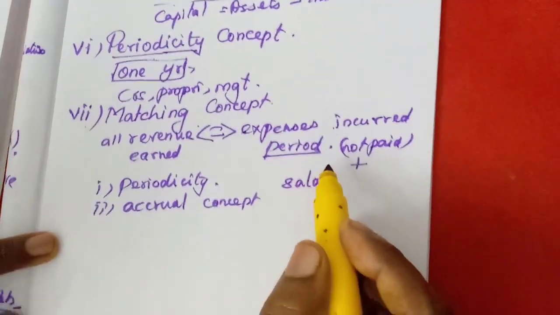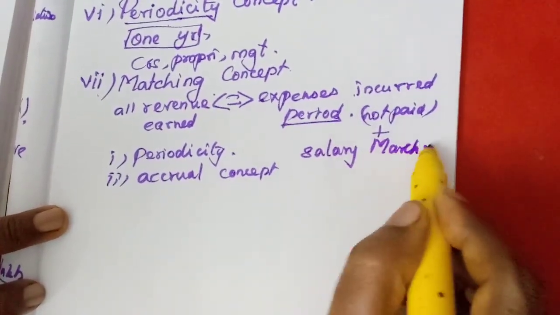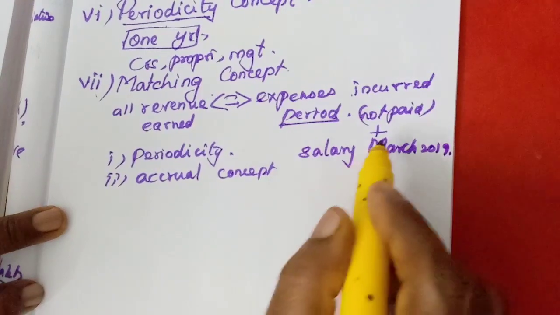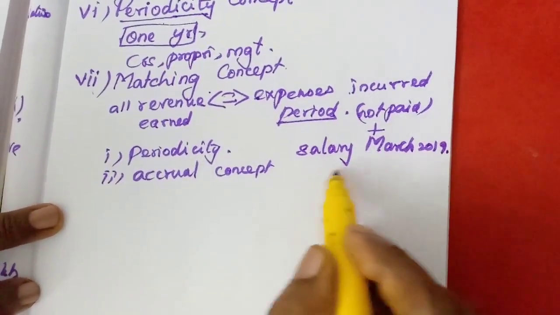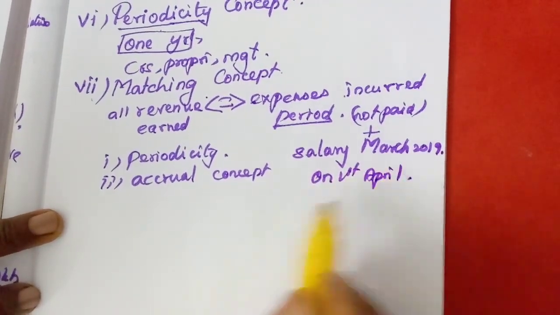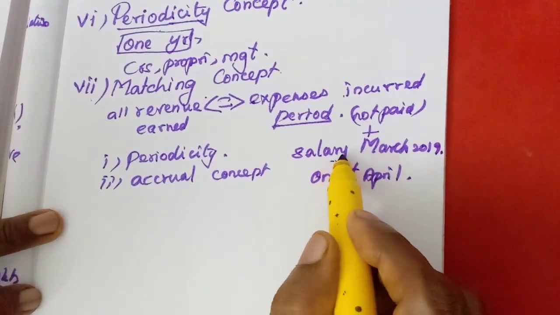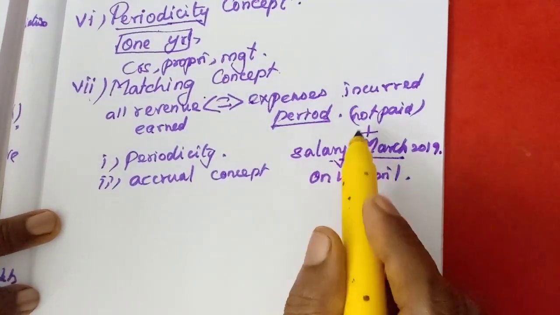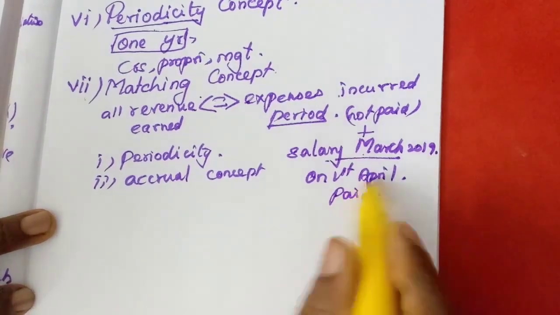Salary is related to March 2019, but we will pay this March salary on 1st April. So we can say that salary is incurred in this year but paid in the next year.